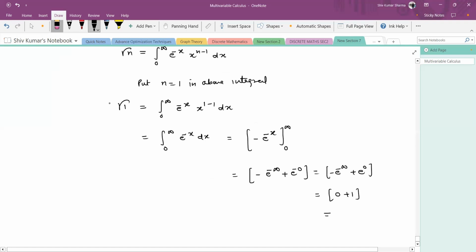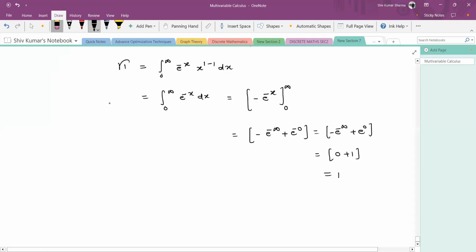So this gives us 1. So the first property we write down as gamma 1 is equal to 1. So remember this one. We use this property frequently in the questions. So gamma 1 is equal to 1.